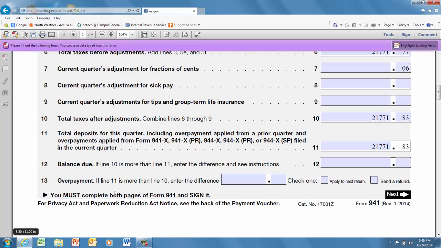If we deposited too much, we would put that overpayment in line 13, and then we would check whether we want to just apply this to the next return, or do we want the IRS to send us a refund check. Typically, we're going to apply it to the next return because very shortly we're going to have the next quarterly deposit, and we can just subtract it from that quarterly deposit, and that's the quickest way to use that money instead of waiting for who knows how long for some check to come in the mail.